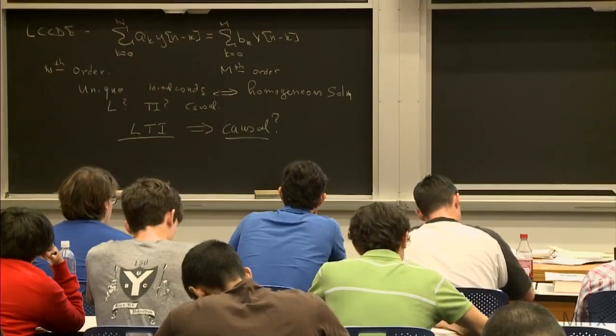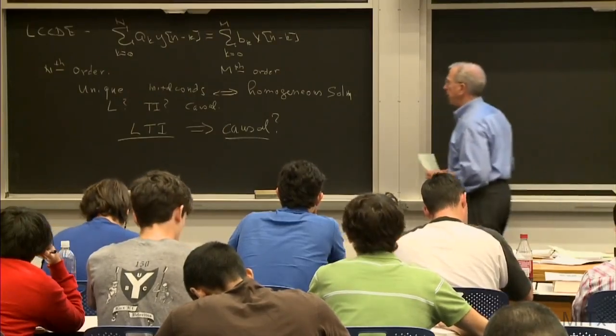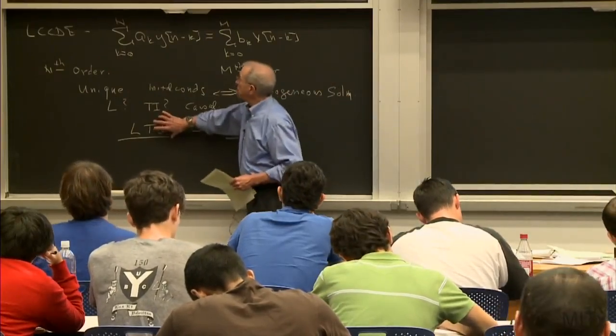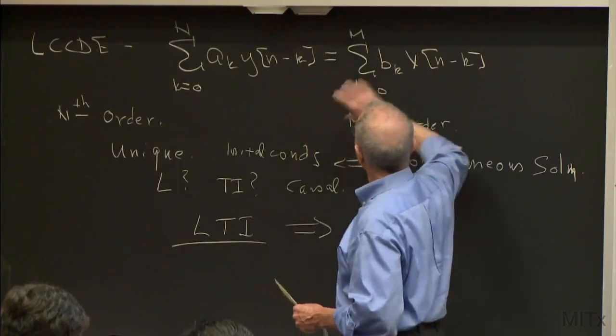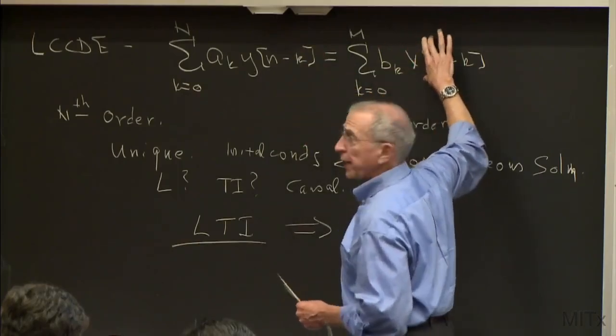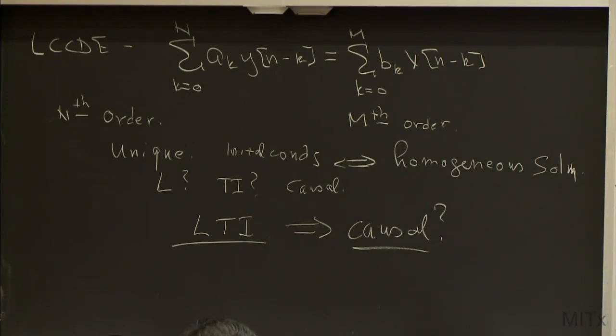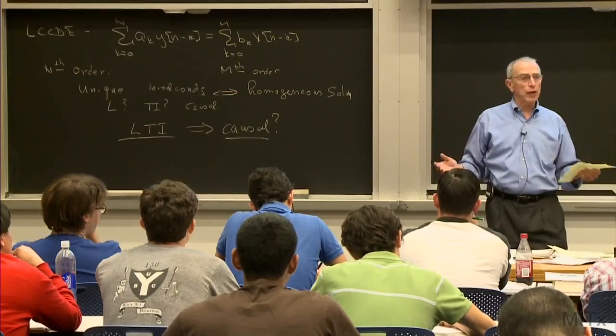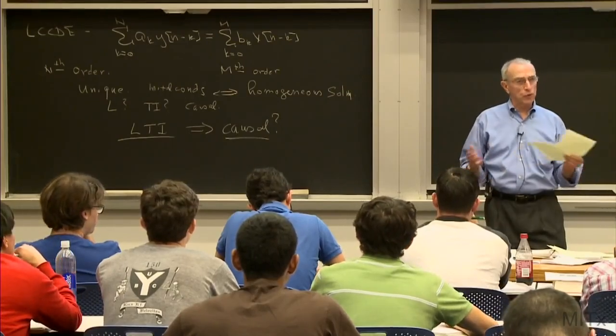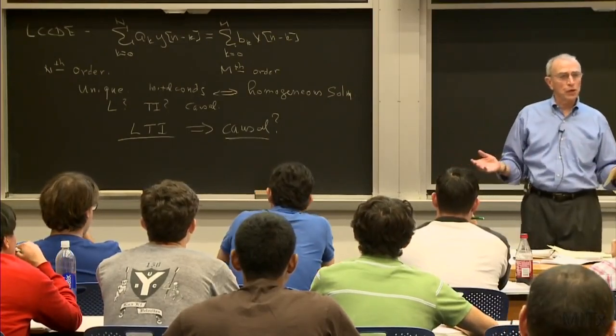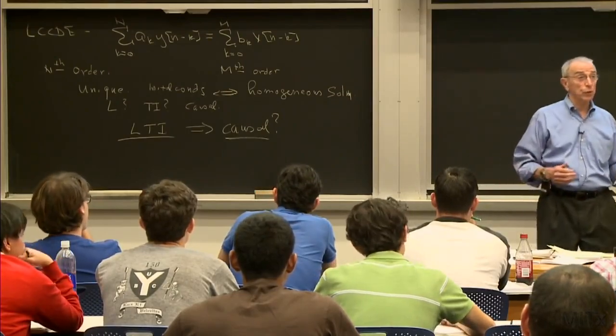No. Can I conclude that with this information, knowing x of n, that y of n is uniquely specified? No. And these are all things that you want to get sorted out quickly. The answers to those are straightforward. How to think about it is straightforward.